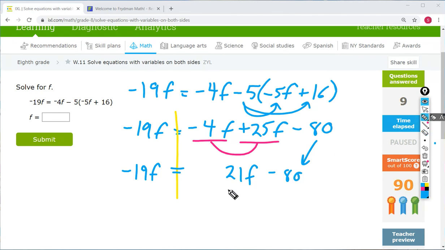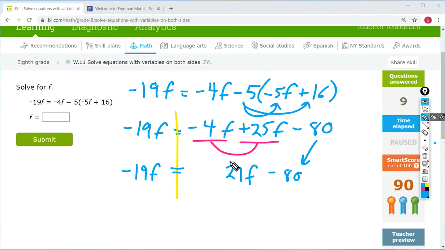Okay, so now I have an f term on the right side and an f term on the left side. So I want them to be on the same side. Now, this is what I was saying before. I could bring this one over here, or I could bring this one over here. But if I bring this one over here, then I'm going to have an f term together with a non-f term.